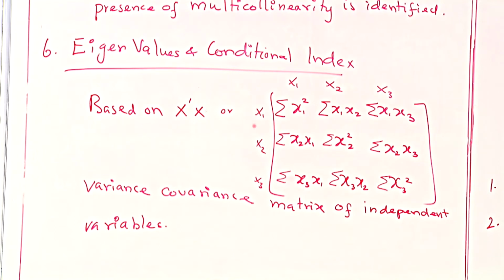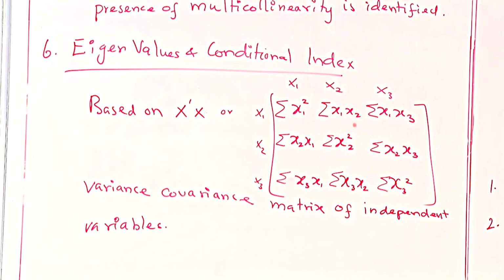This is the variation measure sigma x1 square, the variation in x1, and this is the covariance between x1 and x2, and this is the covariance between x1 and x3, and this is the covariance between x2 and x1, and this is the variation measure of x2, and this is the covariance between x2 and x3.